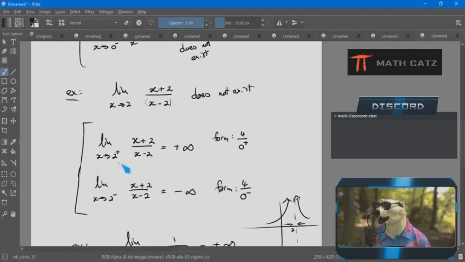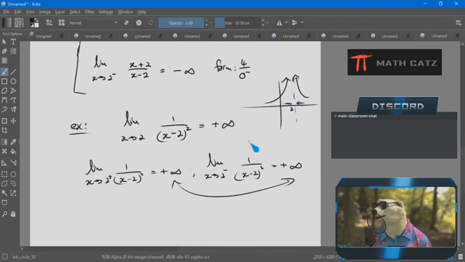I can still explain the behavior, but because the sides are different, I have to do them individually. Even if I'm not sure, I do the sides differently, and I see, oh, they're the same from either side. Okay, now let's merge them into the two-sided limit. Answer.